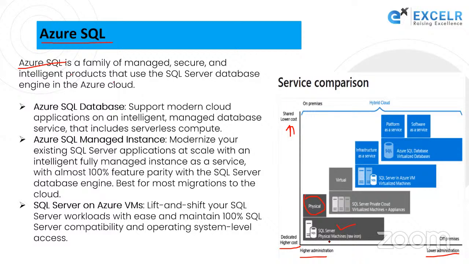If you move slightly up, the graph goes toward lowering the administration and lowering the cost. As you go up, you move towards a virtualized or cloud environment. Instead of the physical server, you go for a virtual server, so your efforts are slightly reduced, and the cost too.